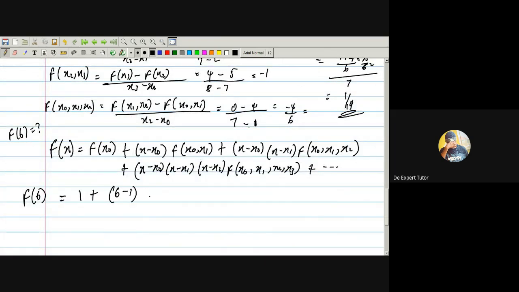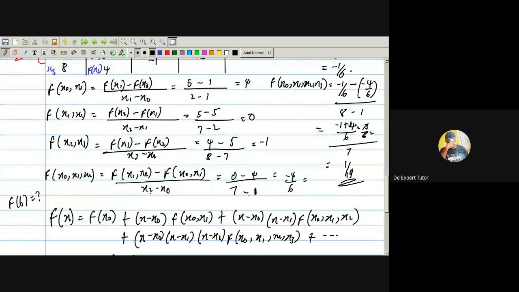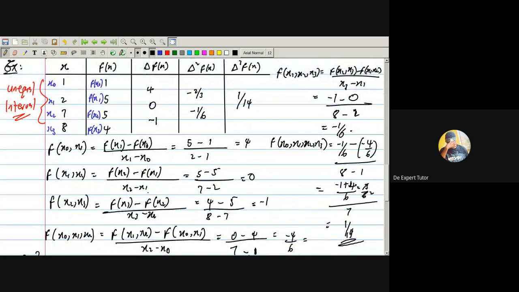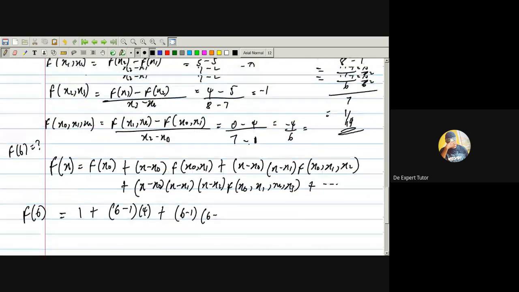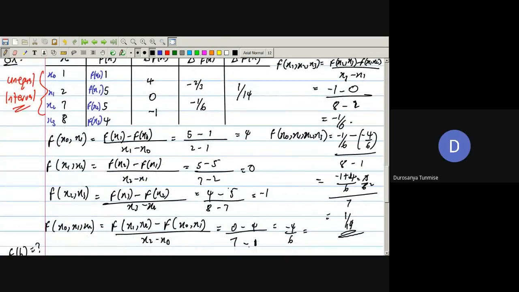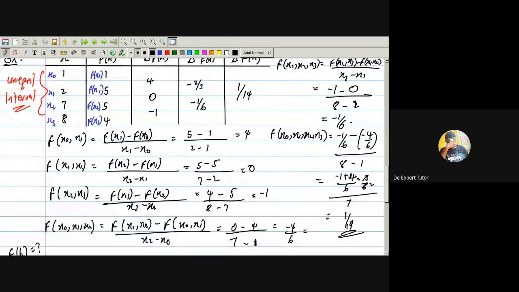Then what is f of x naught, x1? What do I have? 4. Yes, x naught, x1 gives 4. Then plus 6 minus 1, 6 minus what's my x1? 2. X1 is 2.